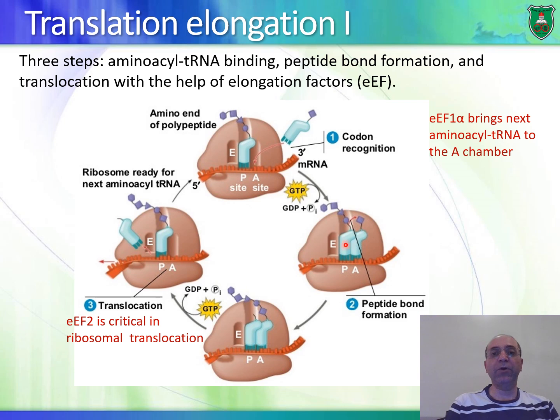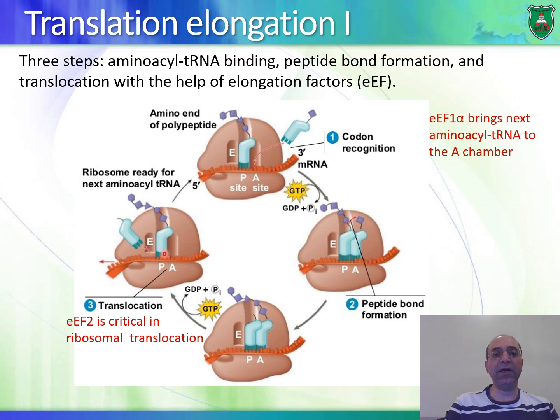You have transfer of the two amino acids to this one right here that is attached to the third tRNA molecule. Now you have three amino acids. Ribosome attached to this tRNA. This one right here is empty. And you have translocation of ribosomes. Now you have a tRNA that has three amino acids, and this one is empty.